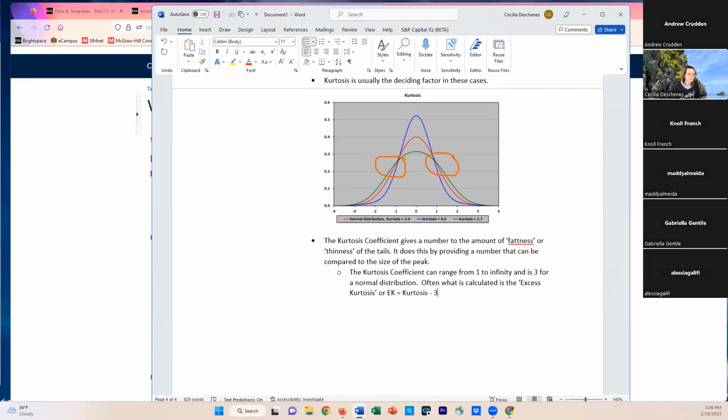So it's just the difference from the normal. This is the value given by Excel as kurtosis, but it's really the excess kurtosis.